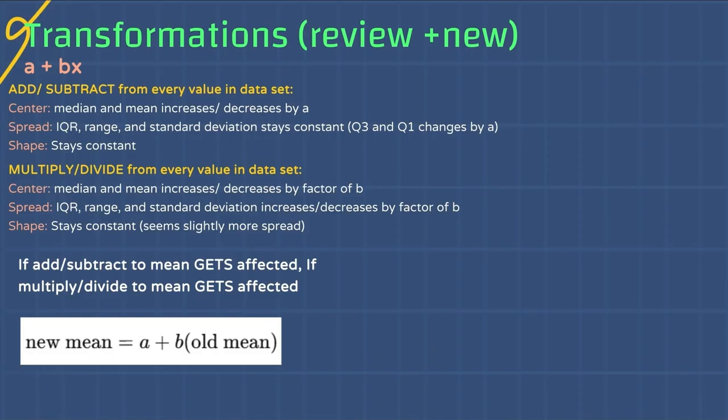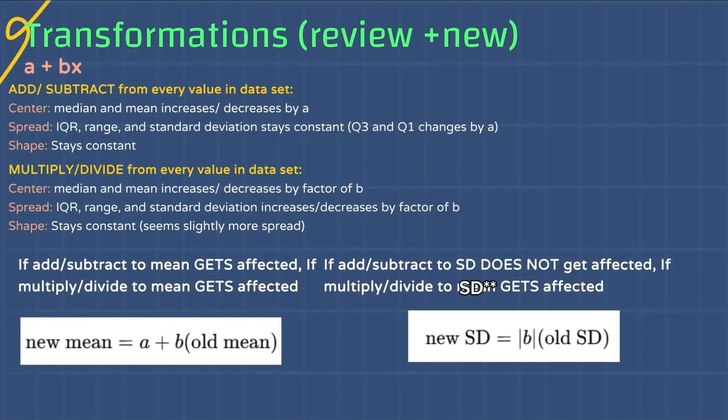If we multiply and divide, the center, the mean, also increases and decreases by a factor of B. If we add and subtract, the standard deviation does not get affected. Looking back, adding and subtracting, for the spread, the standard deviation stays consistent. If we multiply and divide the standard deviation, my bad for putting mean, it gets affected as well. As we multiply and divide, we see the standard deviation, the spread, does increase or decrease by a factor of B. So, shape always stays constant, and that continues.